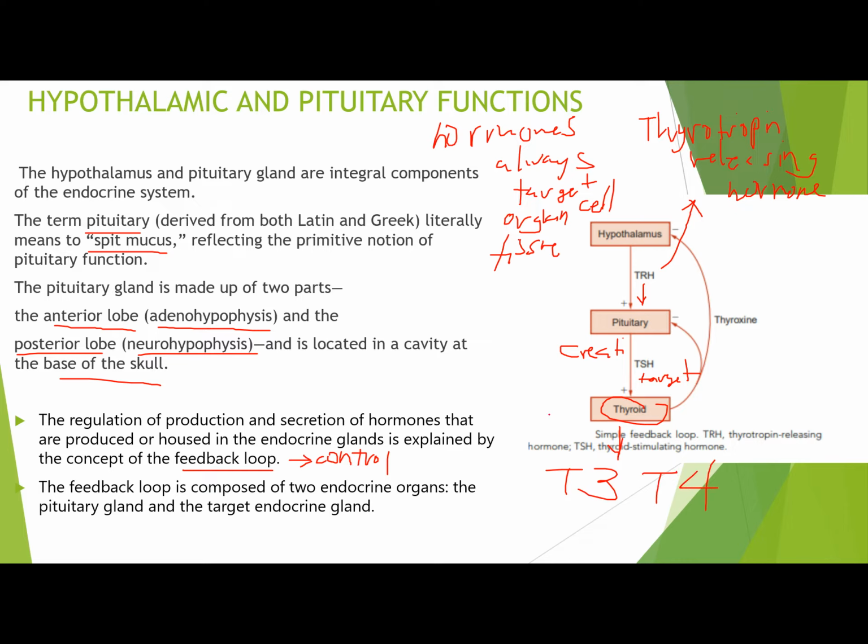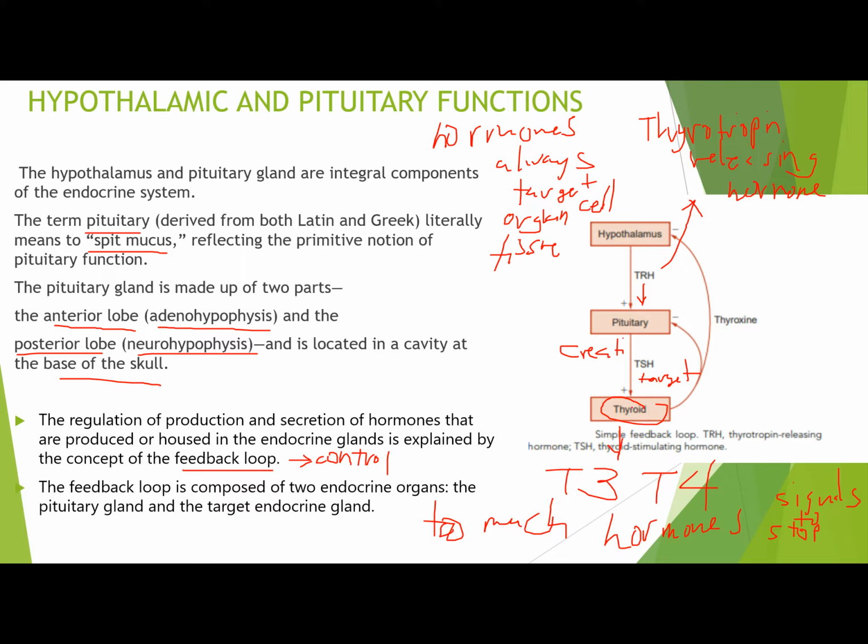Okay? That's how you would create or cause the secretion of hormones. But remember, too much hormone is bad for our body. So what our body does is it would now send signals to stop the creation of hormones.